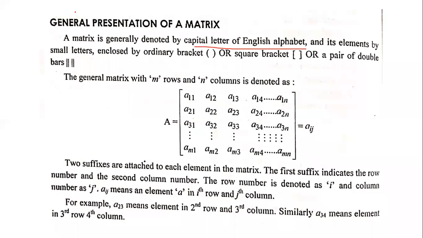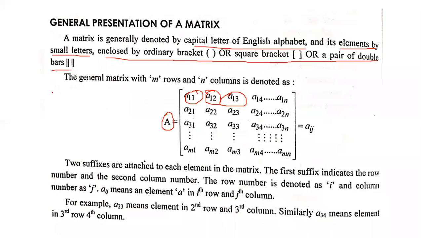So the elements of the matrix, whatever you see inside the matrix, will be written in small letters, but the matrix itself is generally denoted by a capital letter. We'll read this again. A matrix is generally denoted by a capital letter of the English alphabet and its elements by small letters, enclosed by an ordinary bracket, a square bracket, or a pair of double bars.